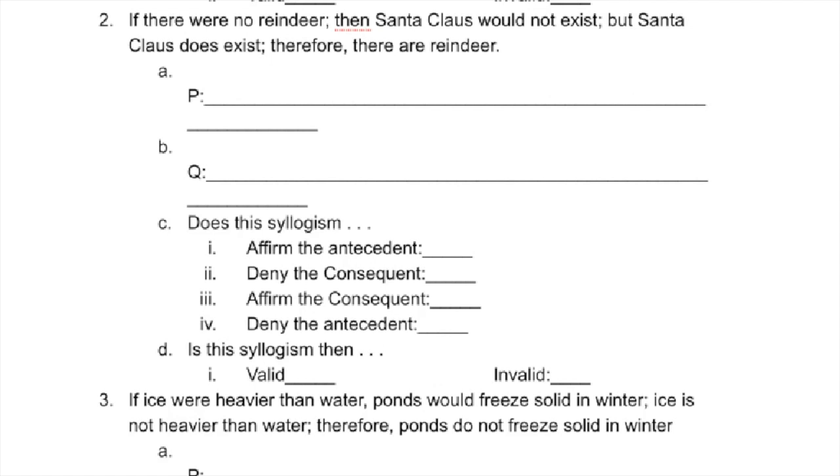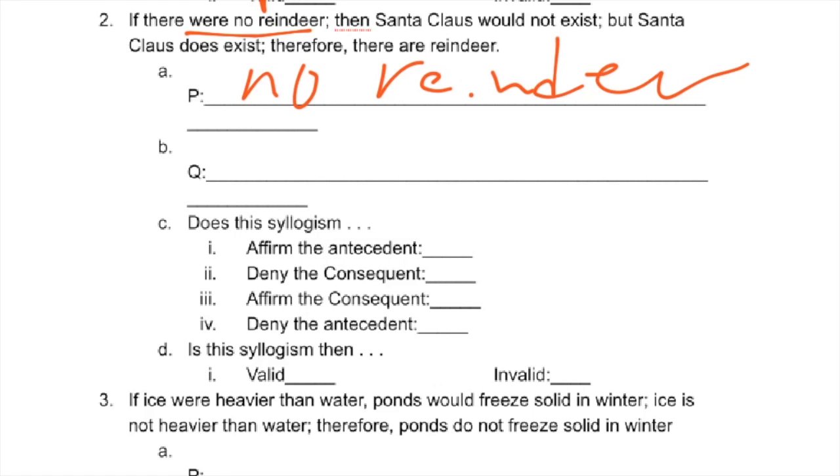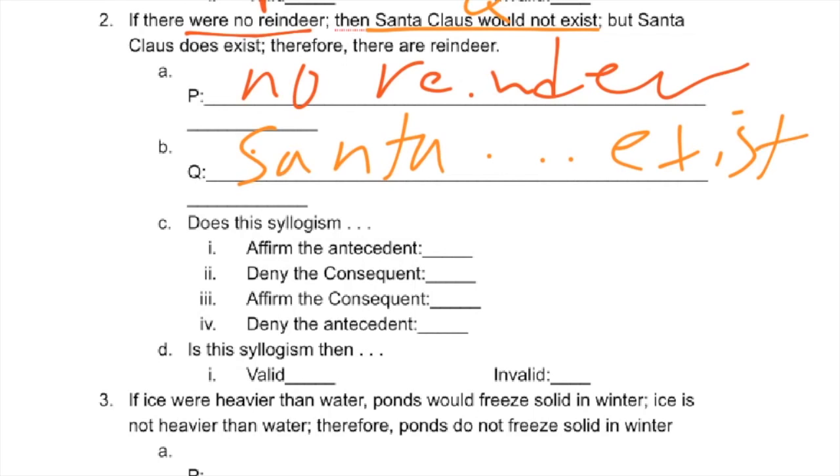Moving on to number 2, if there were no reindeer, which we can label as our antecedent, then Santa Claus would not exist. Label this as our consequent, Q. Santa Claus would not exist. Now this state of affairs, in our second premise, is negated, right?